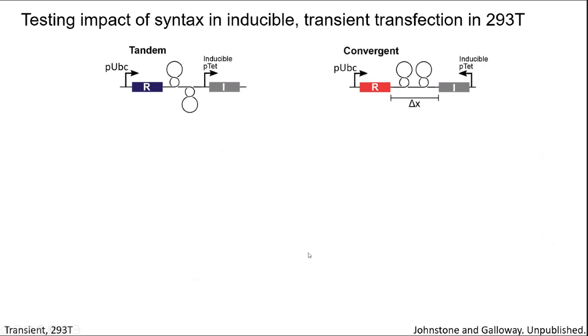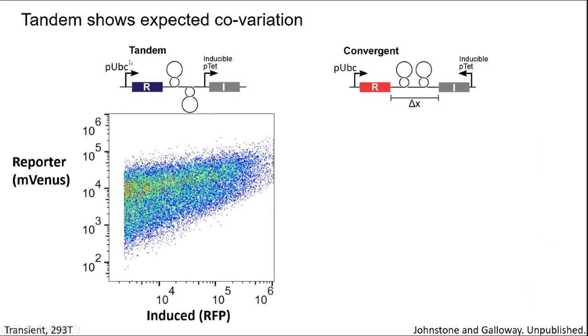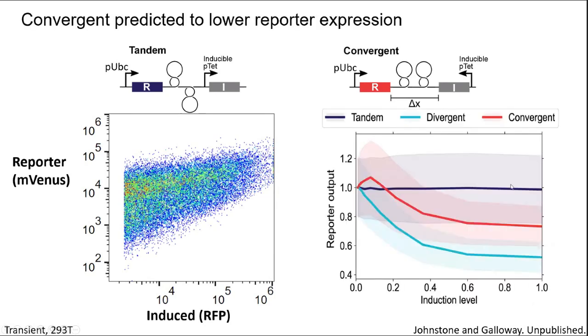And again, I'm running out of time, but the thing that I'd like to leave you with is our first really exciting result. In our tandem orientation, where we have this reporter that is co-expressed with this inducible element, we see a correlated expression, which is exactly what you'd expect based off our model. There shouldn't be really any coupling or any drop.